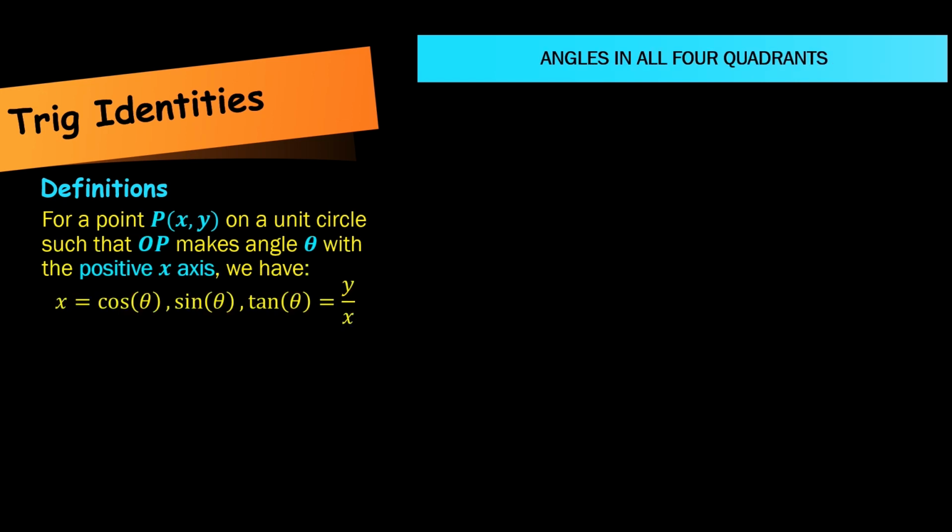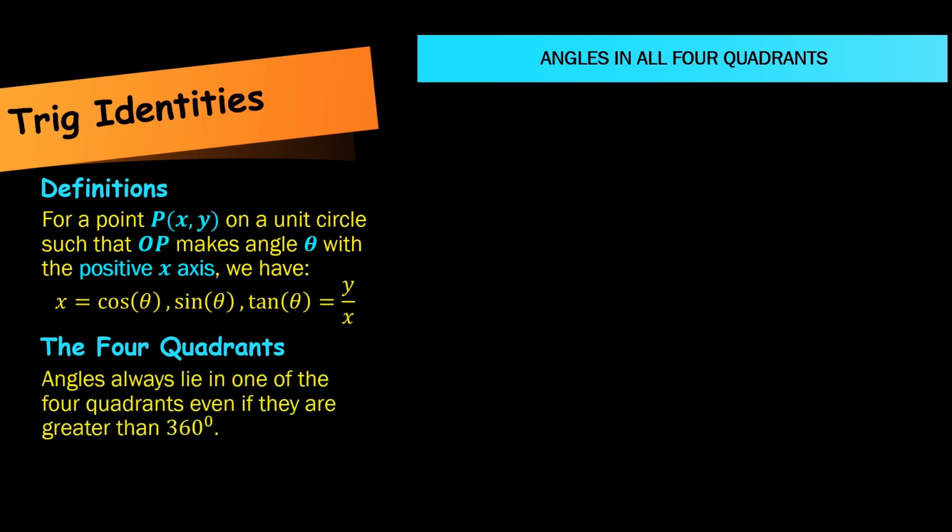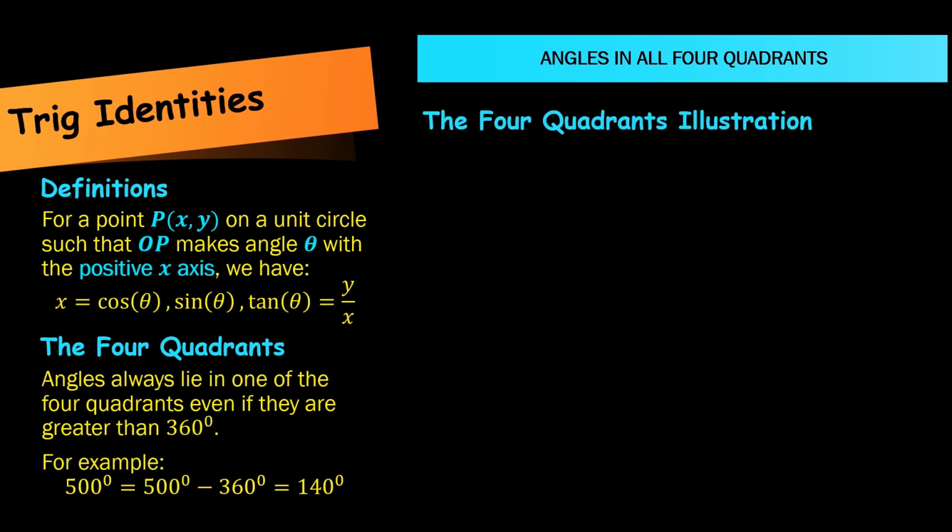Now let's take a look at some more theory. The 4 quadrants. Angles always lie in one of the 4 quadrants, even if they are greater than 360 degrees. So for example, 500 degrees equals 500 degrees minus 360 degrees, which is 140 degrees. Let's take a look at an illustration.